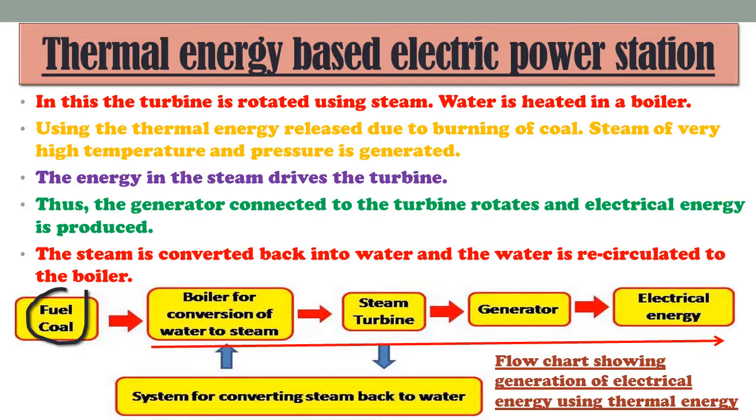Below the boiler and steam turbine, this shows the system for converting steam back to water. That means a condenser is connected for converting steam back into water.